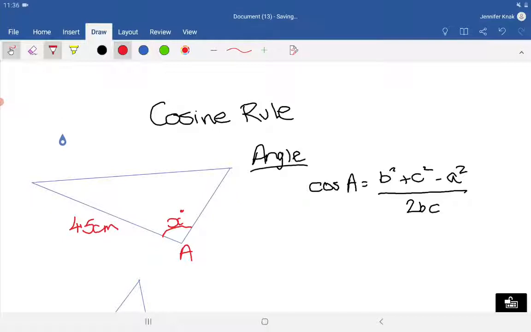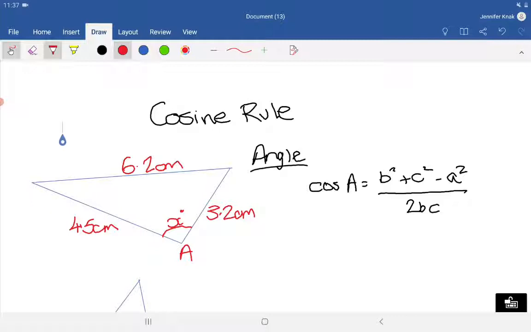And this length here is 3.2 centimetres. And then our top length is going to be 6.2 centimetres.